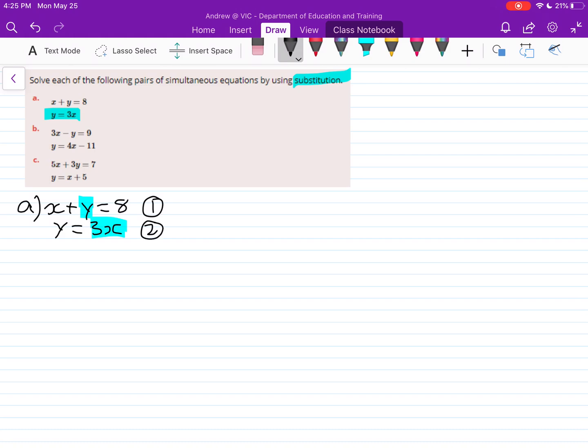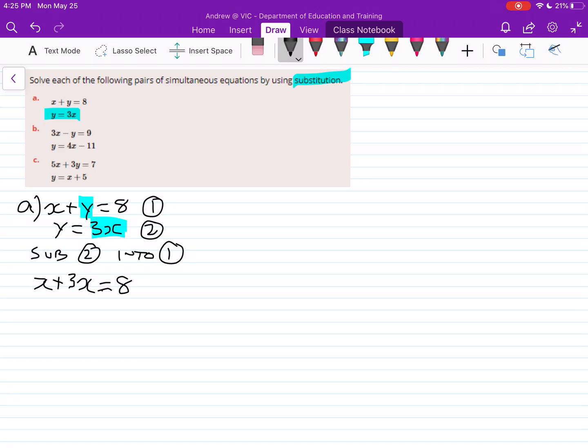You can always write this by just saying we're going to sub equation 2 into 1. It's always good just to state what you're doing, so those that are correcting can follow on. So this becomes x plus 3x is equal to 8.